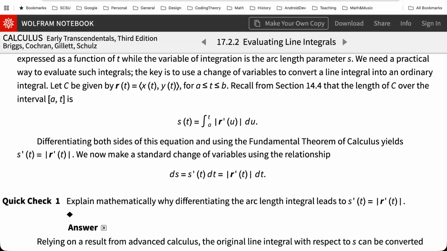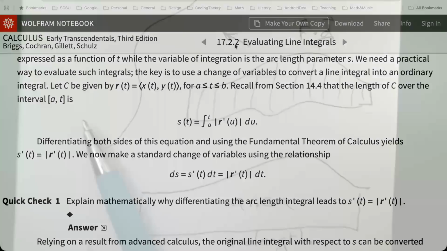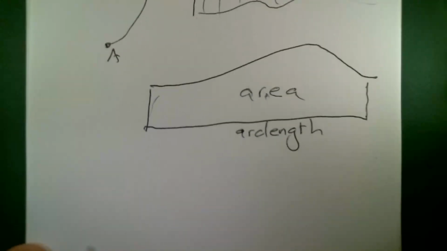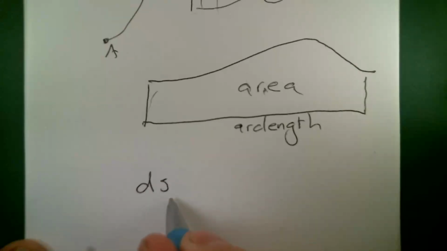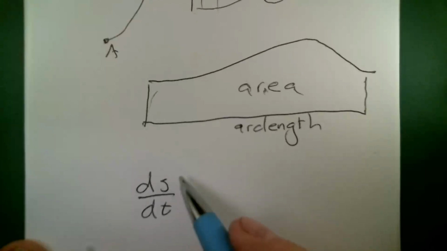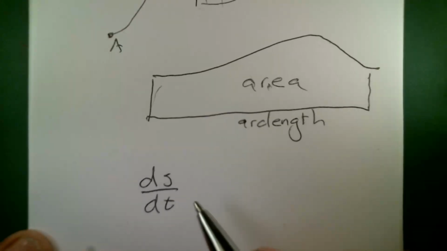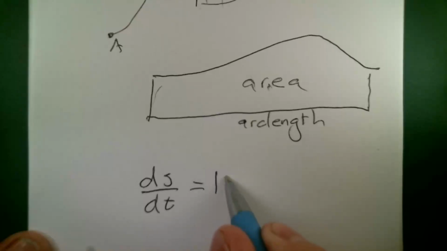Let me change view here. Maybe it's more straightforward to say this. The quantity ds/dt, that is how fast arc length is changing with respect to time. That's speed. So that is indeed the length of r prime.